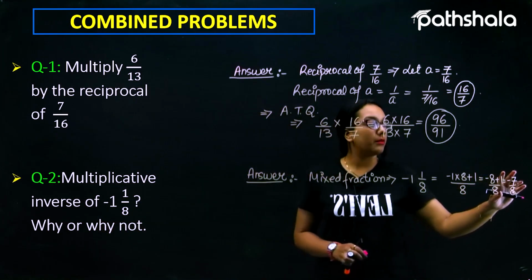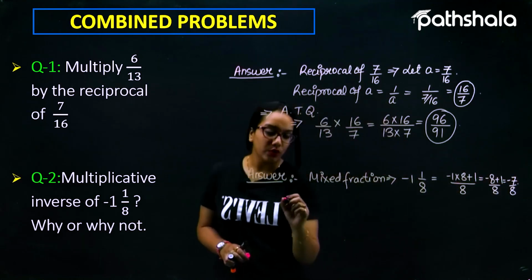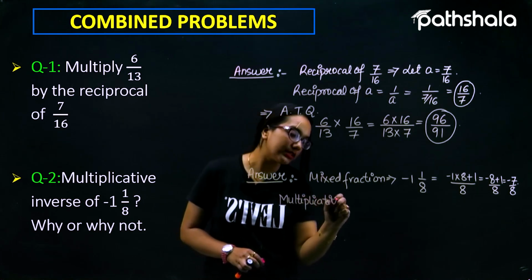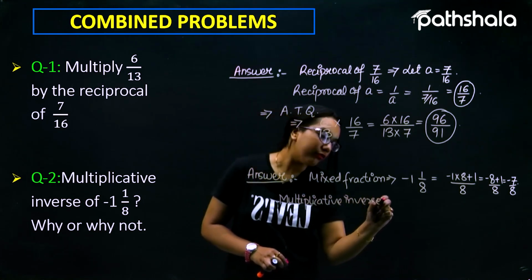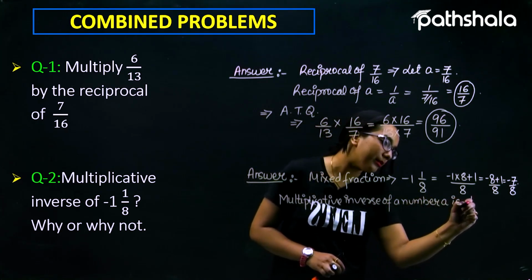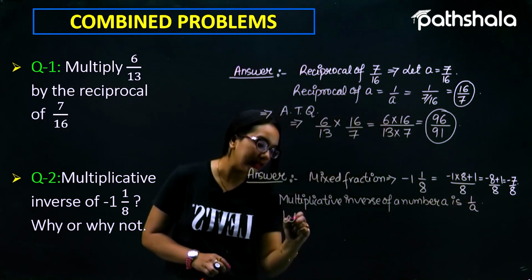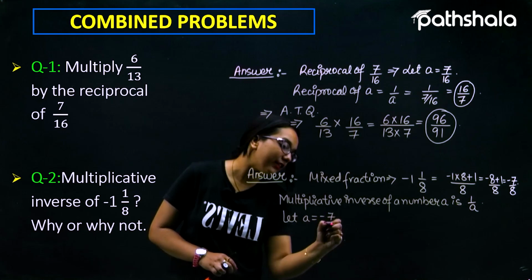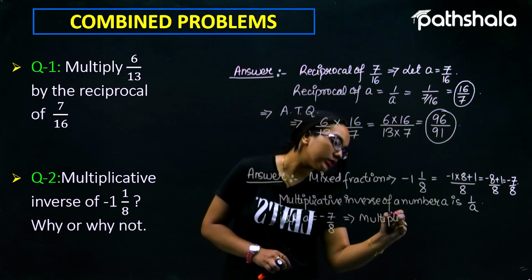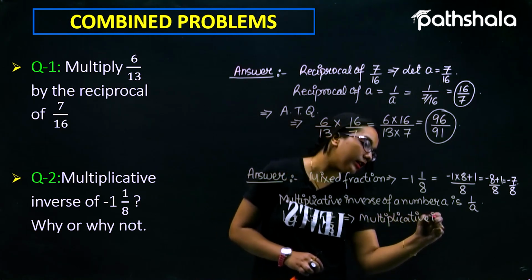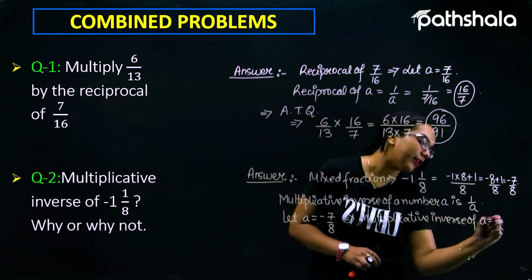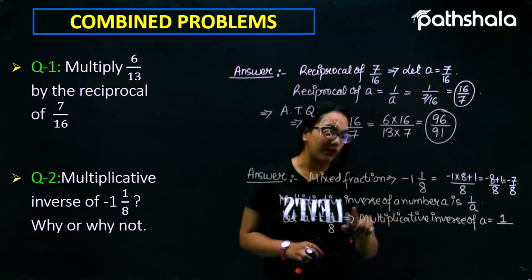We have to find the multiplicative inverse of this. As we know, the multiplicative inverse of a number A is 1 by A. So if A is minus 7 by 8, the multiplicative inverse of A will be 1 by A, where the value of A is minus 7 by 8.